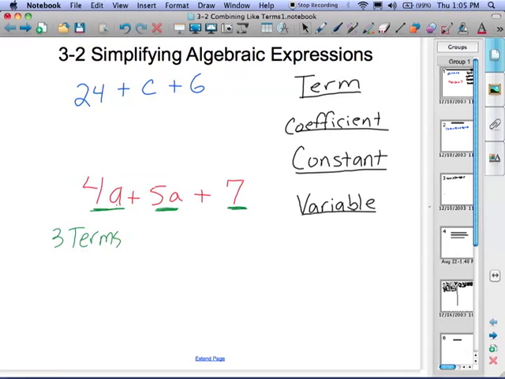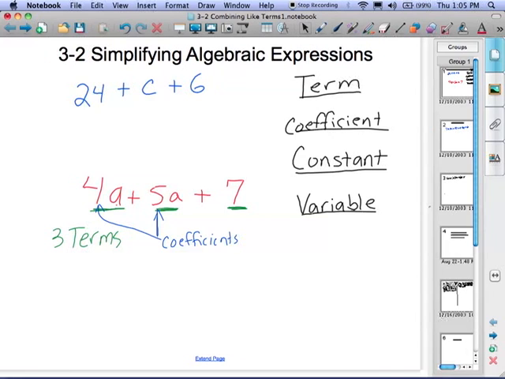A coefficient. A coefficient is simply the number that multiplies a variable. Four and 5 are coefficients because they're the numbers that multiply the variable a.